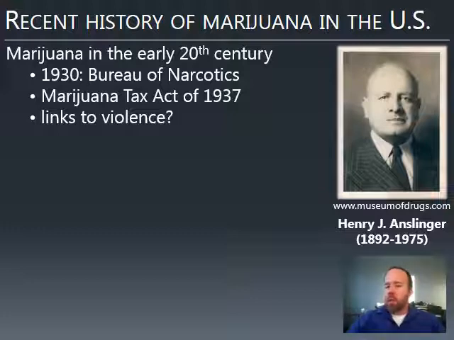As we'll see, this has since been dispelled. And of course, here the data were not experimentally derived, and they weren't very careful in their analysis, because marijuana is often used in conjunction with alcohol, for example. But alcohol wasn't being blamed. It was the marijuana that was blamed for criminal acts.